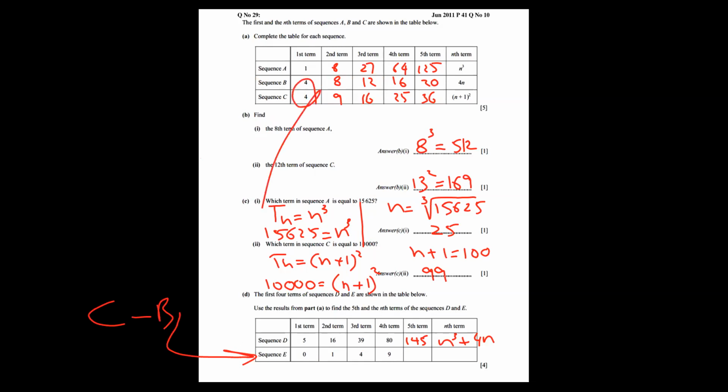For example, 4 minus 4 gives 0. 9 minus 8, you get 1. 16 minus 12, you get 4. 25 minus 16, you get 9. And 36 minus 20, you get 16. Alhamdulillah Rabbil Alameen. And similarly, the nth term is the same, so I can write (n plus 1) whole square minus 4n.